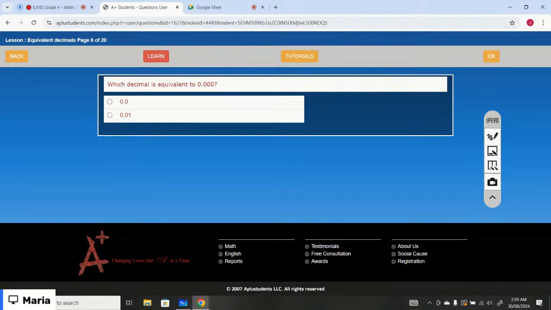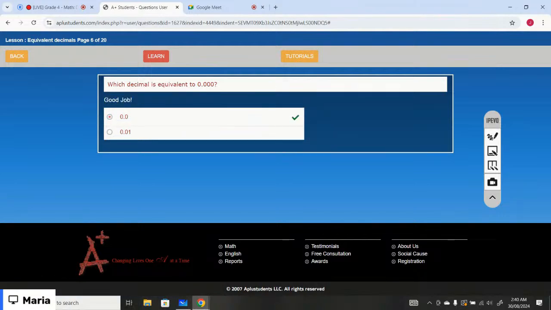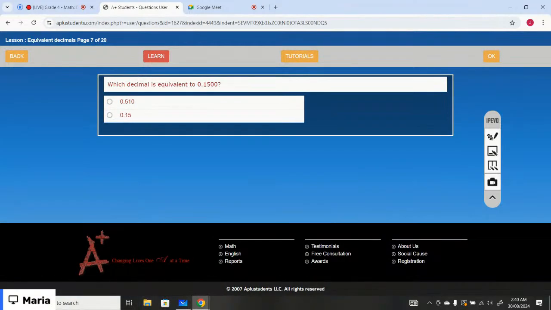Option number 1 is the correct option. Which decimal is equivalent to 0.1500?